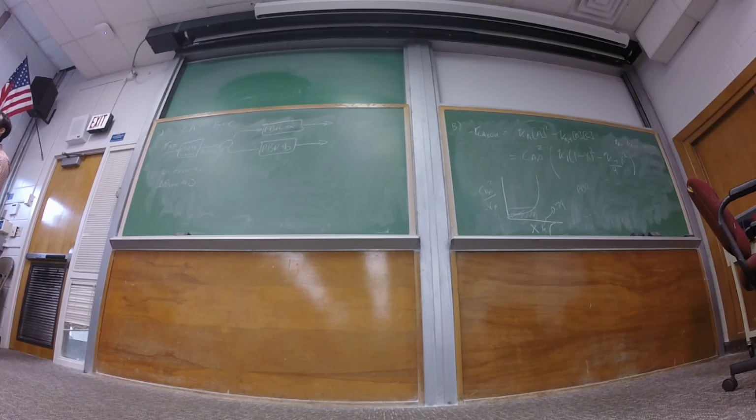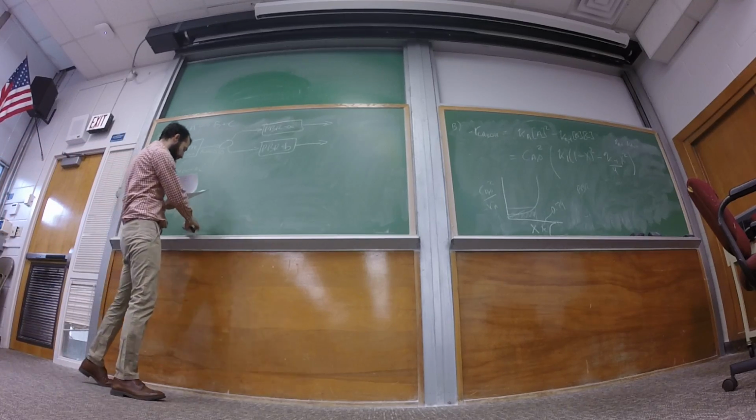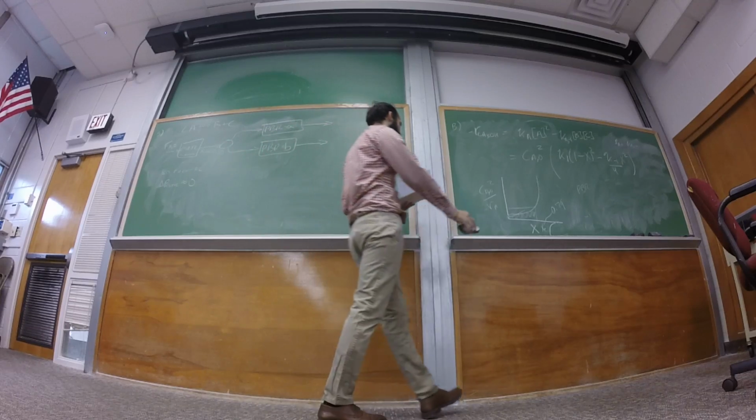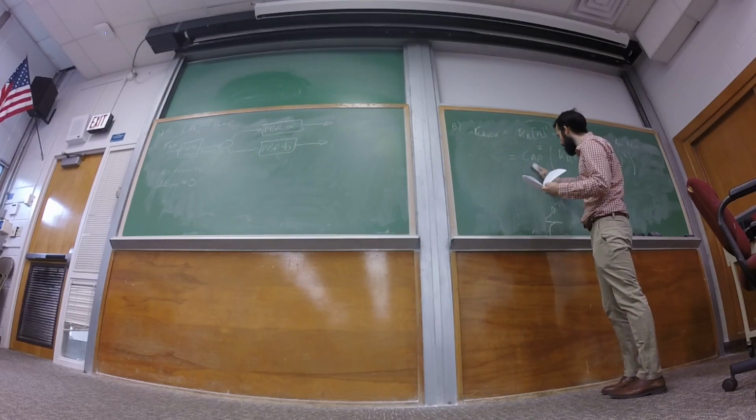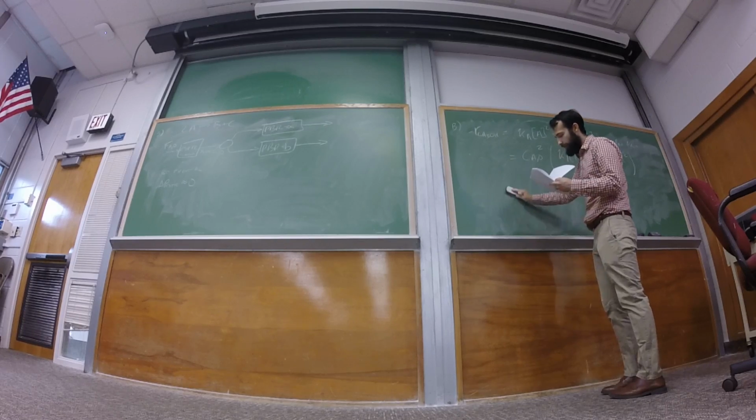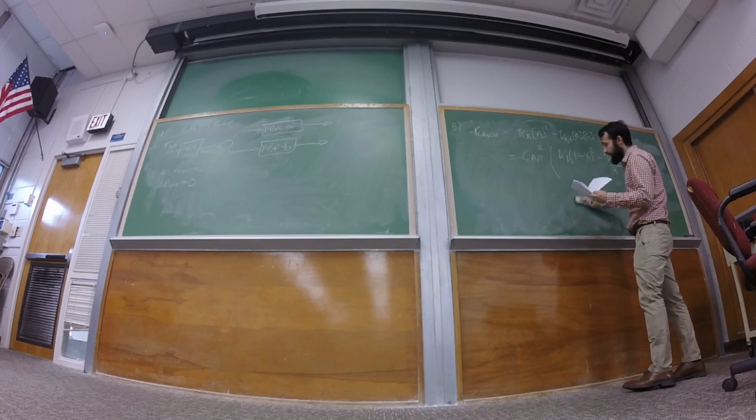All right, any questions about the setup? Okay. The valve has malfunctioned. All gas is flowing to PBR-A. PBR-B is not doing anything.